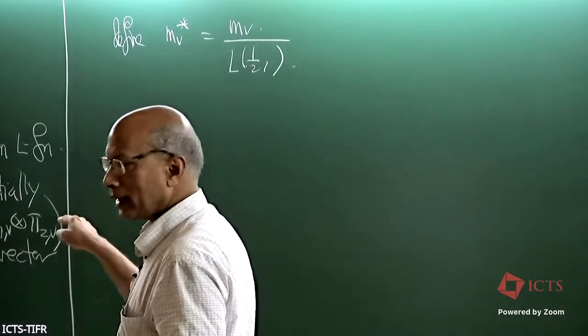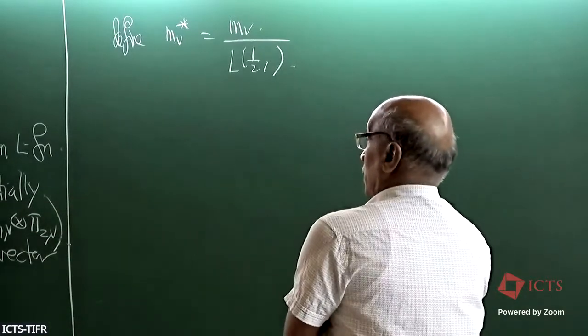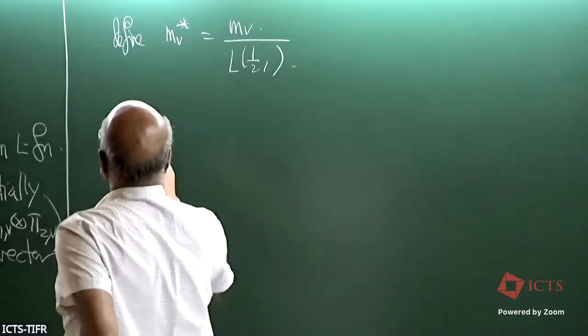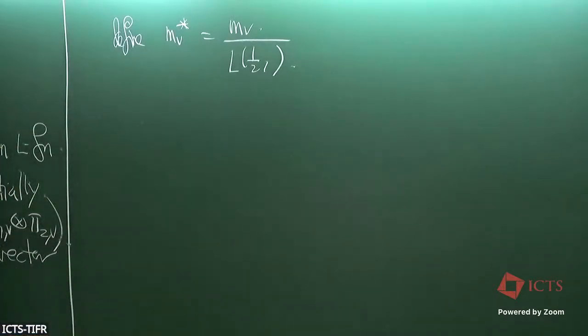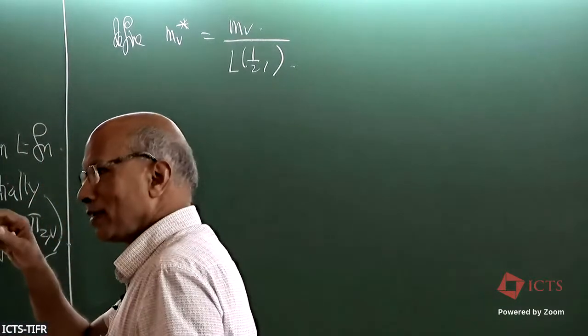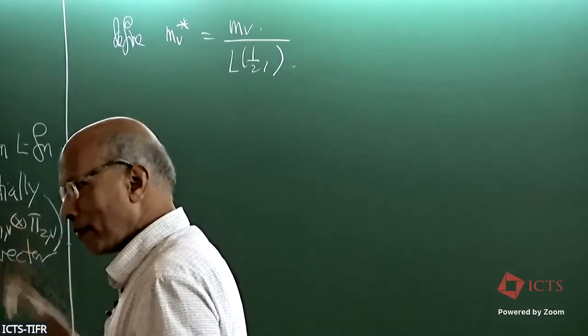These are tempered representations, and L half is non-zero. For tempered representations, L values at S greater than 0 are non-zero. Local L values are always non-zero, so you can divide. This is neither 0 nor a pole. Local L values are 1 upon something, so it is always non-zero, but it doesn't have a pole.